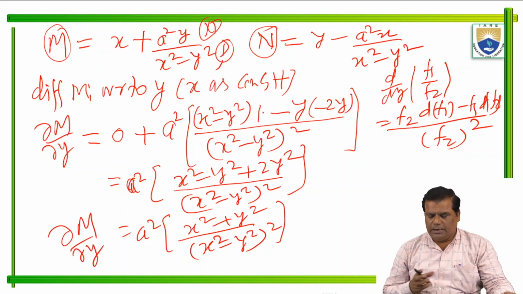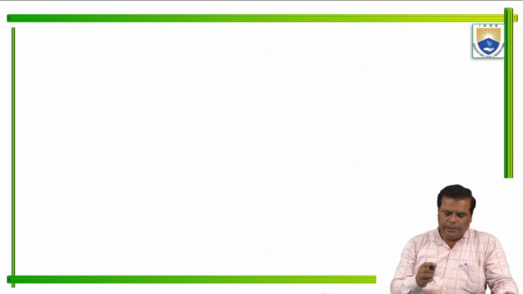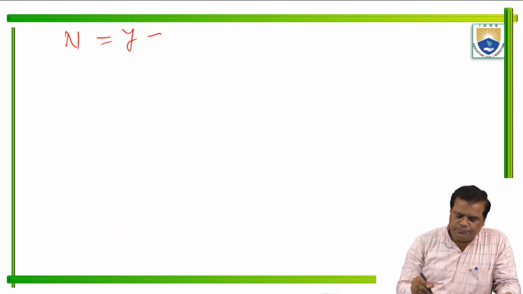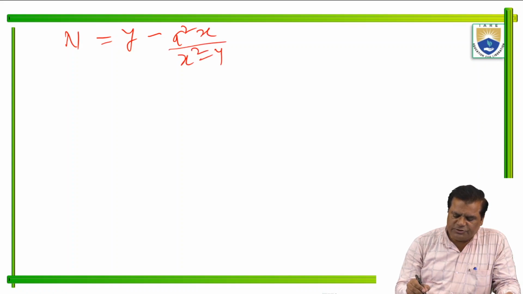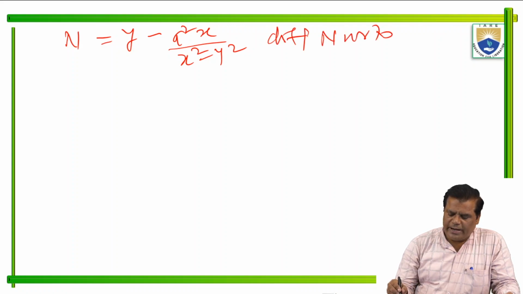Okay, now similarly N equal to y minus a square x upon x square minus y square. So differentiating N with respect to x, y as a constant.